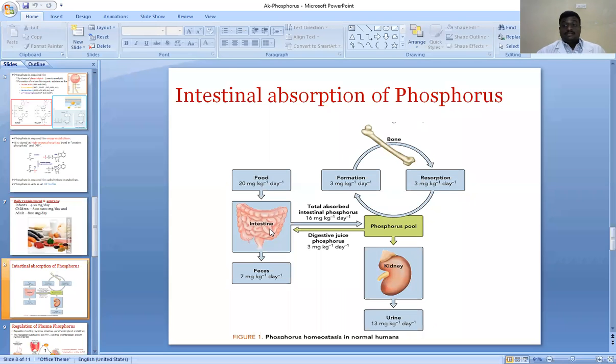Vitamin D3 regulates absorption of phosphorus in the intestine, like calcium. Whatever phosphate is absorbed enters the blood.